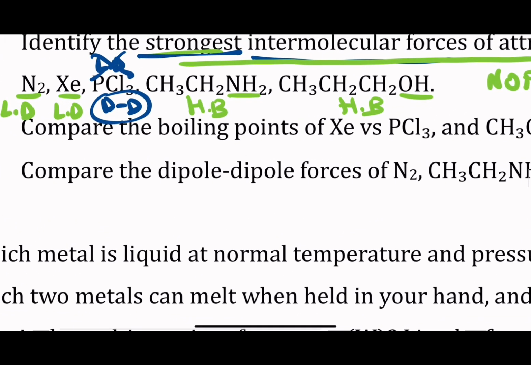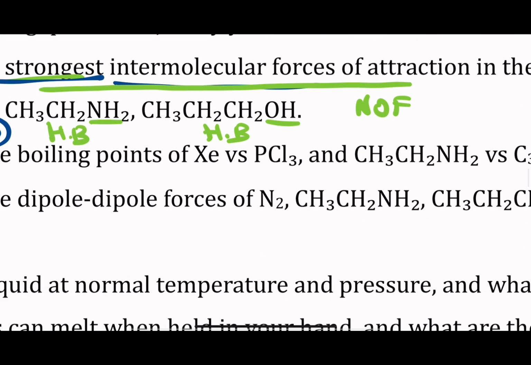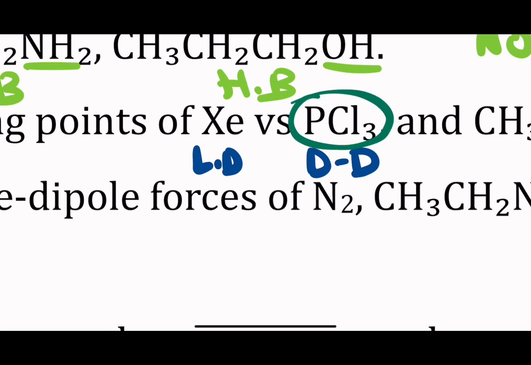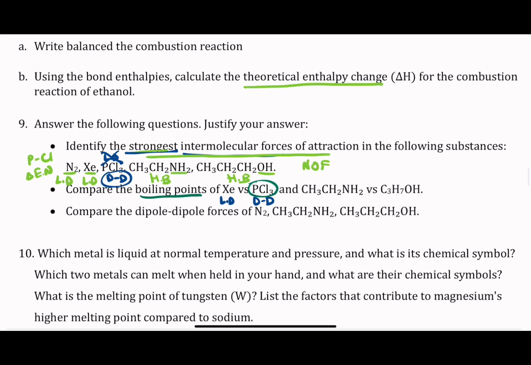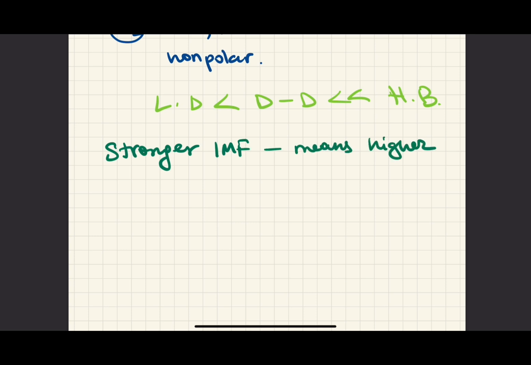Now it says compare the boiling points of xenon and PCl3. Because xenon only has LD and PCl3 has dipole-dipole force, right away we know that PCl3 will have a higher boiling point, because the stronger the IMF, the higher the melting point and boiling point.